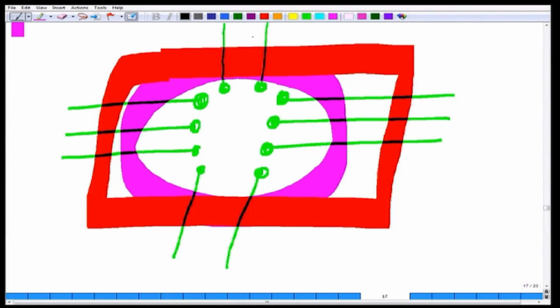Let me represent the cell with say blue. So you can grow the cells like this on top of this, any kind of cell. And on these planar electrodes, of course there is a ground electrode out here.